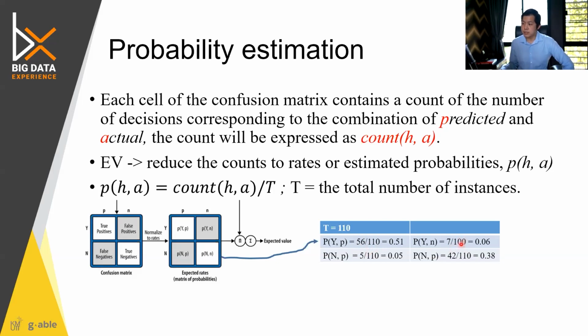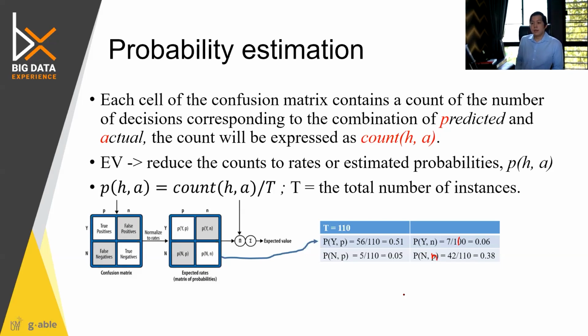Sorry, this is 110, right? Yeah, and then you get the probability of yes and p, yes and no, and n and p. Sorry, again, I made a typo here. This should be n and n, right?